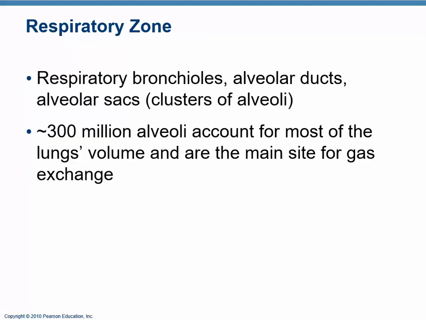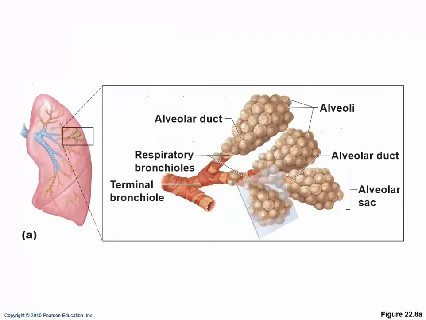All kinds of alveoli in the lungs. A huge amount of surface area, over 300 million alveoli in the lungs. So it ends up looking like this. The terminal bronchiole of the conducting zone gives way to these respiratory bronchioles. Now in this picture they look about the same because the blood vessels aren't in this picture.